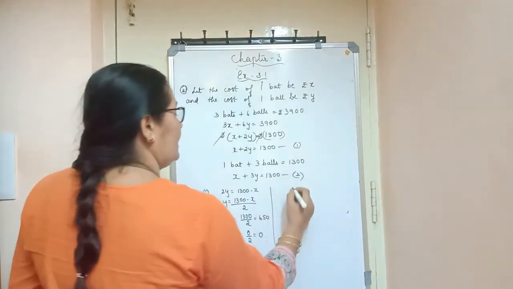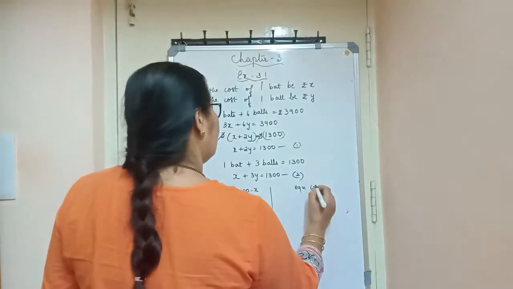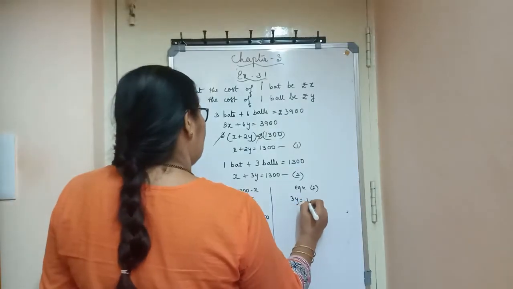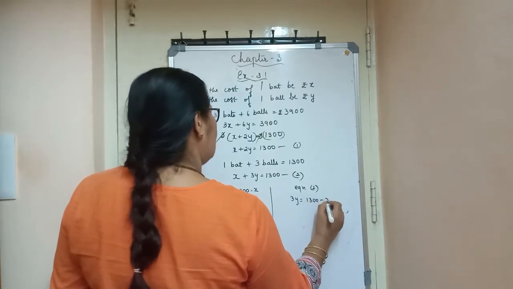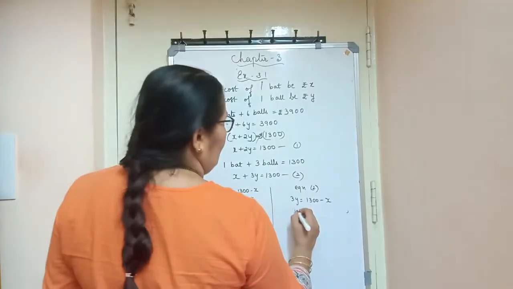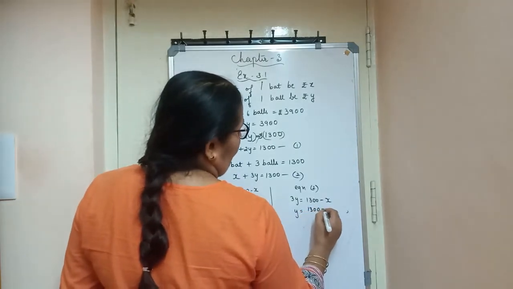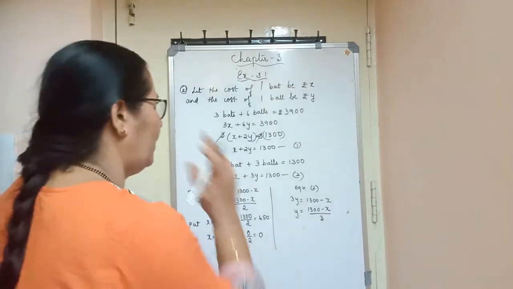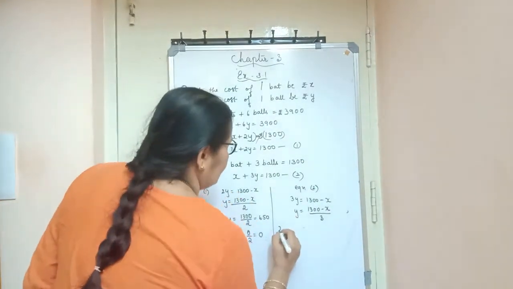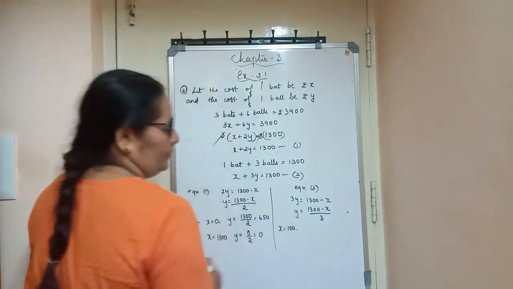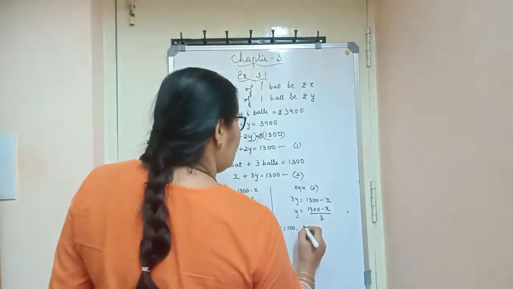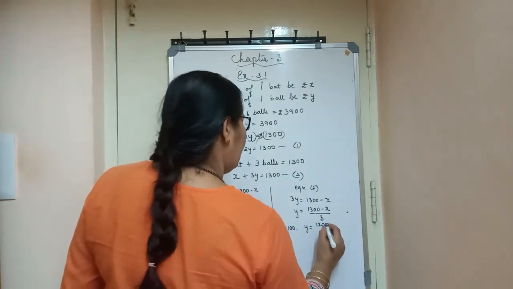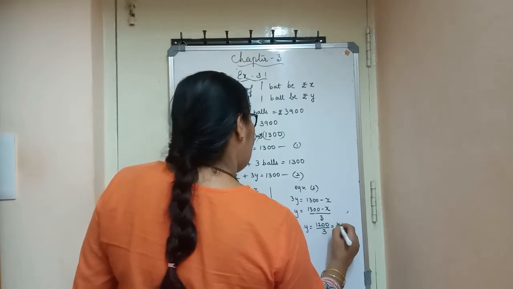Now, take the second equation, equation 2. In the second equation, 3y equals 1,300 minus x. So y equals (1,300 minus x) by 3. Okay. Now, if I take x as 100, then what will we get here? 1,300 minus 100 is 1,200, divided by 3, which is 400.